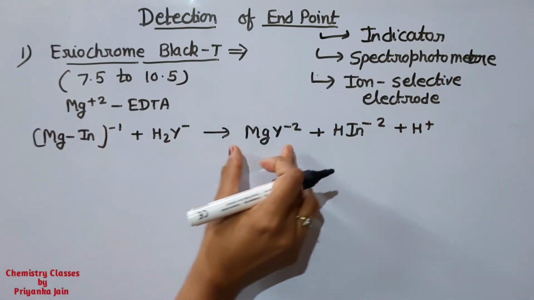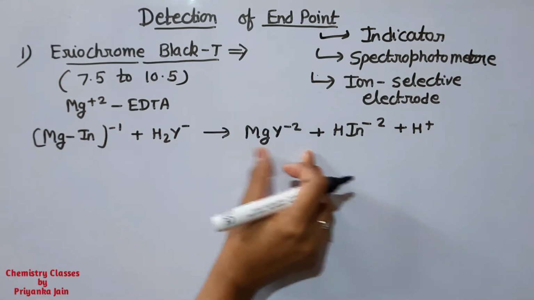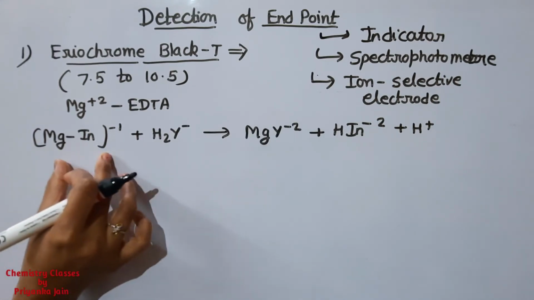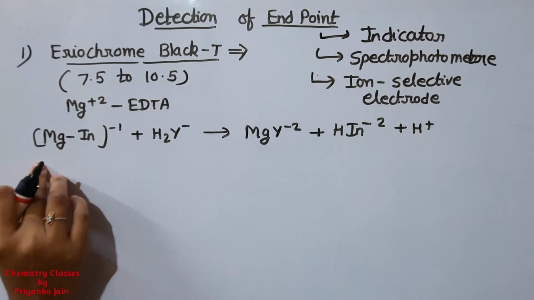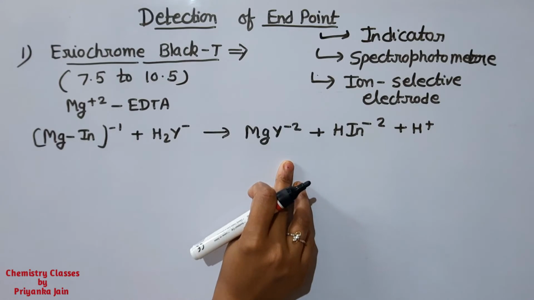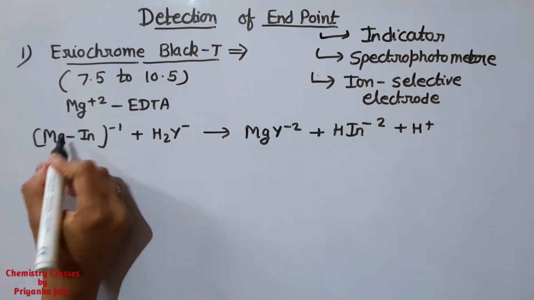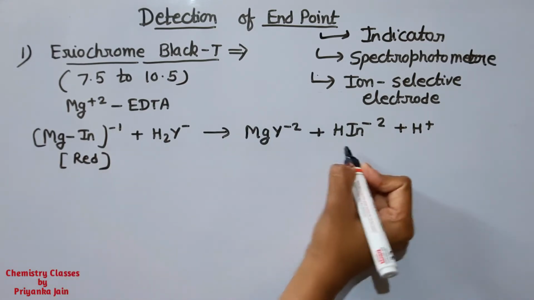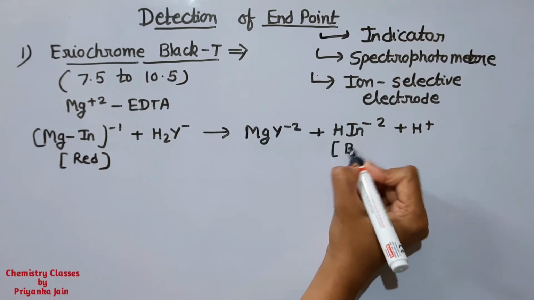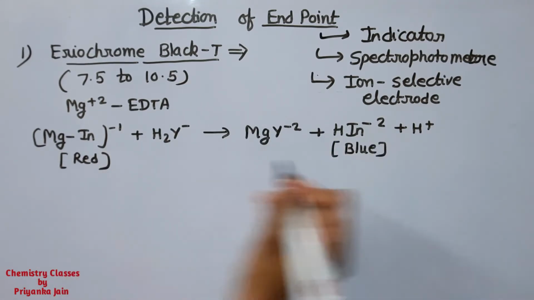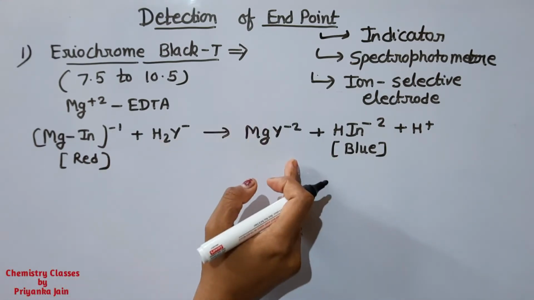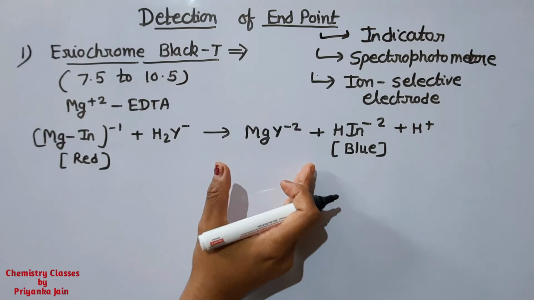Because we know that the stability of the metal EDTA complex is much greater compared to the metal indicator complex. So the reaction always goes in the forward direction, right? Now this is red in color and this is blue. So when the reaction goes in the forward direction, the color changes from red to blue, by which we can detect the endpoint.